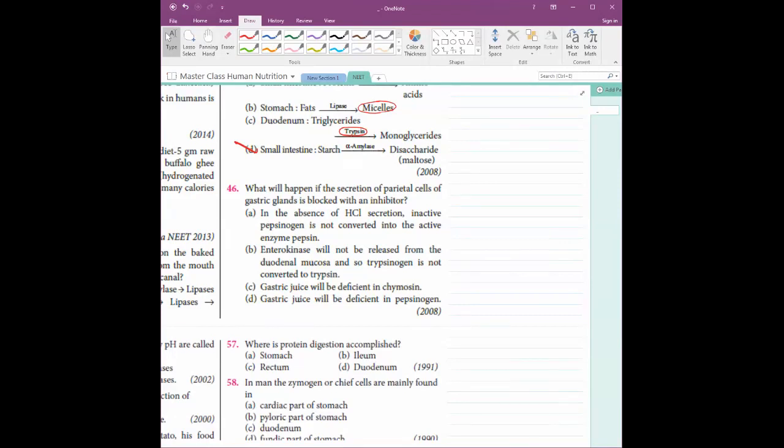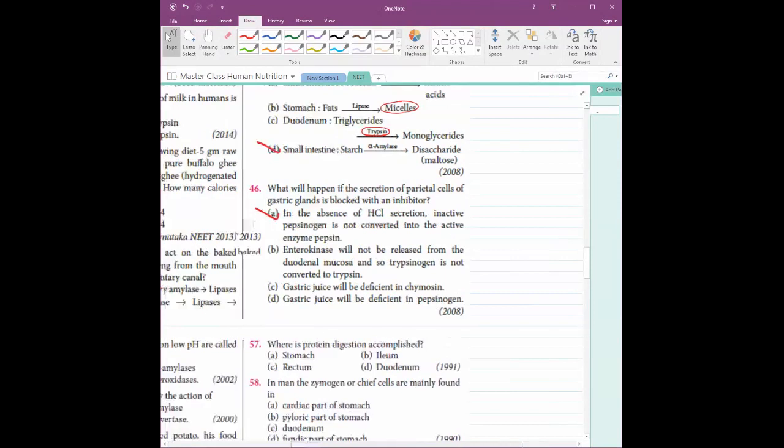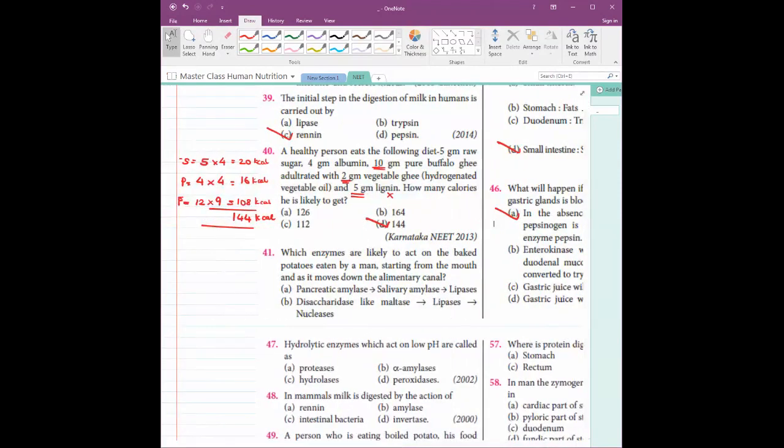Yes, very nice. Okay, once again, it is on the same lines as the first one that we did. Very good. Everybody is right. In the absence of HCl, inactive pepsinogen is not converted into active pepsin. Very nice.